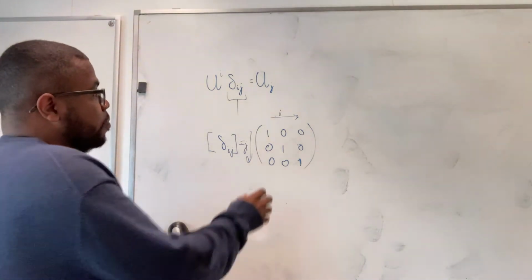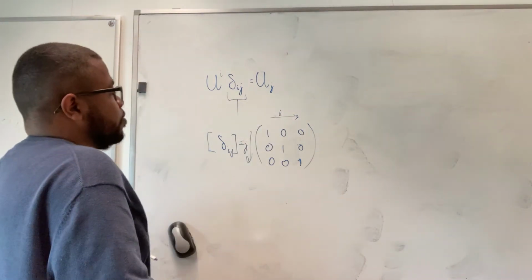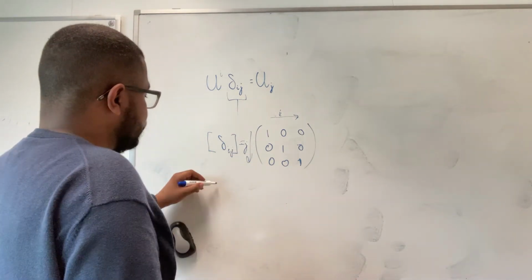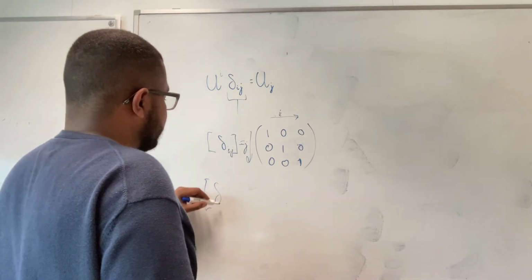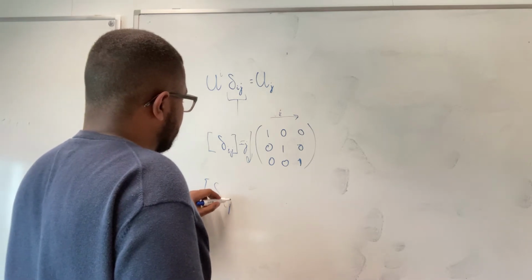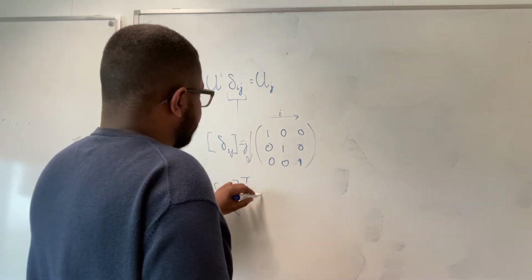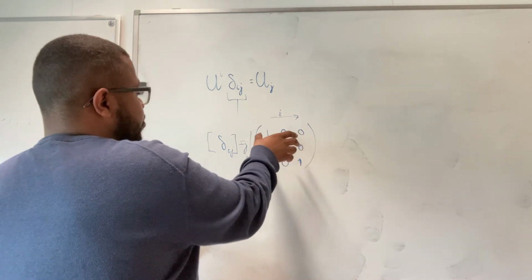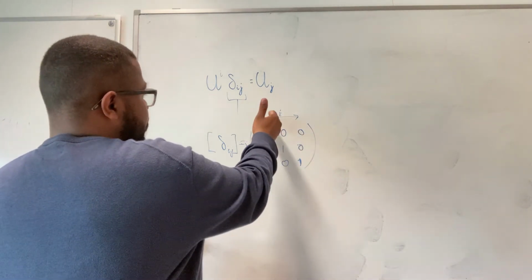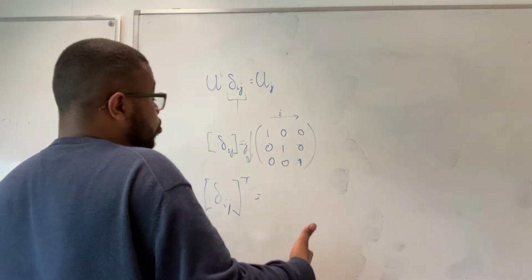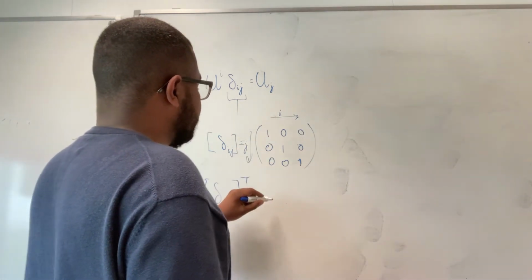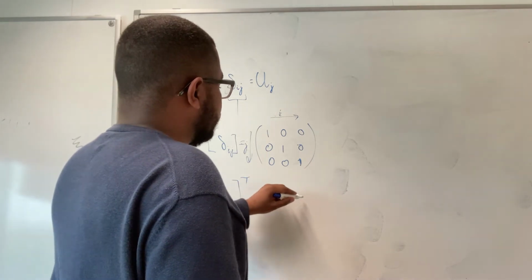And we can even swap the I's and J's. So, for example, if we were to take a transpose of this matrix, we need to interchange the columns with rows. So column 1 will be row 1, that will be 1, 0, 0.